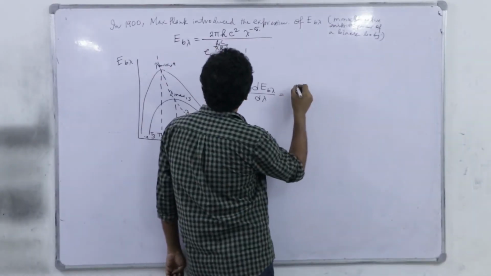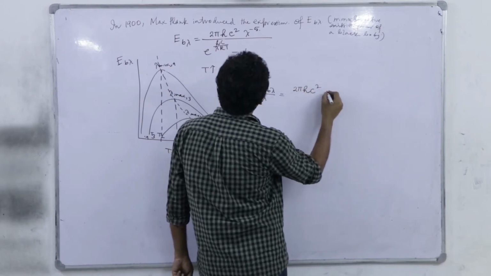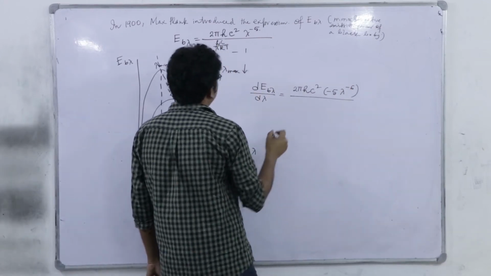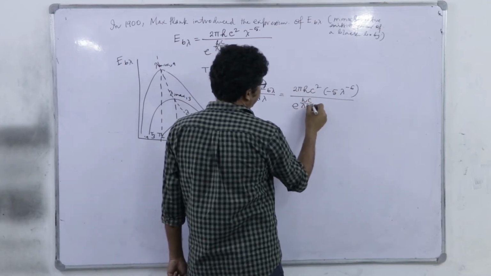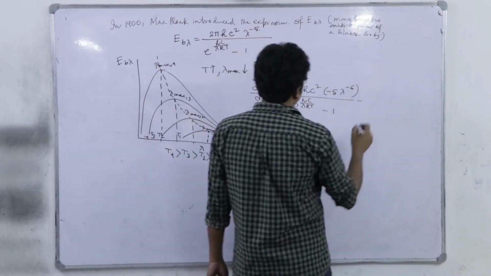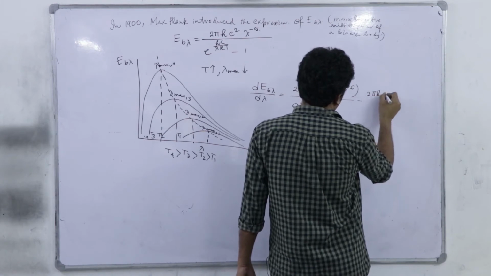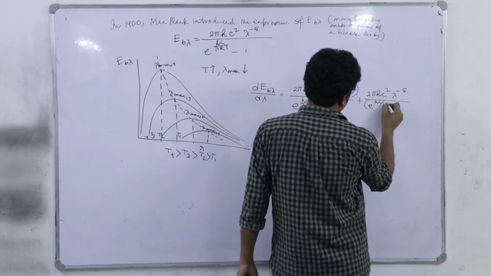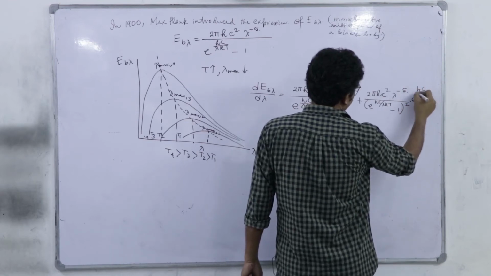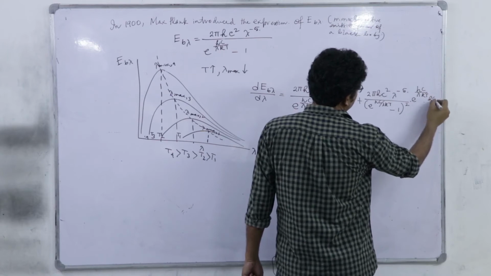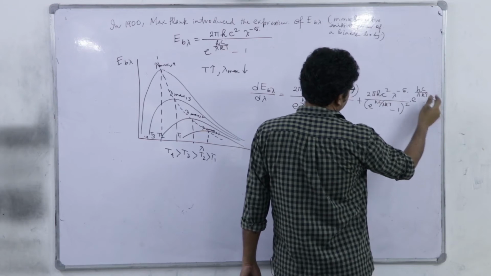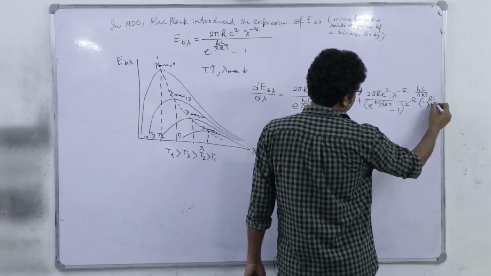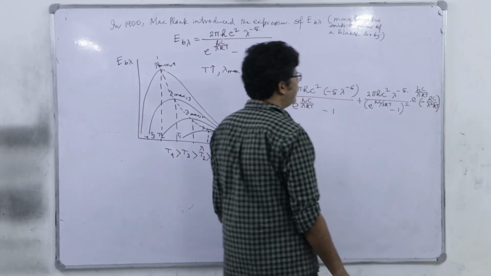If I solve, what I will get? 2 pi h c squared into minus 5 into lambda to the power minus 6, into e to the power h c divided by lambda k T minus 1, minus 2 pi h c square into lambda to the power minus 5, and then the denominator will be e to the power h c by lambda k T minus 1 square, into e to the power h c by lambda k T, into h c divided by, since we are taking the derivative with respect to lambda, minus lambda square k into T, right.